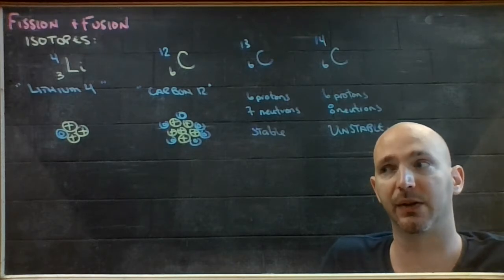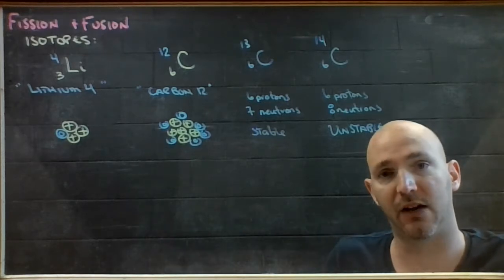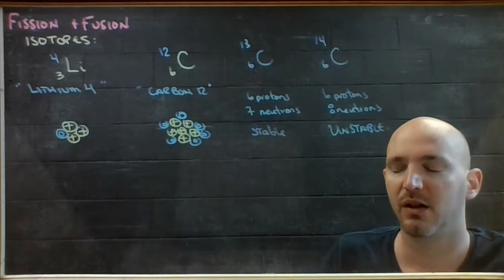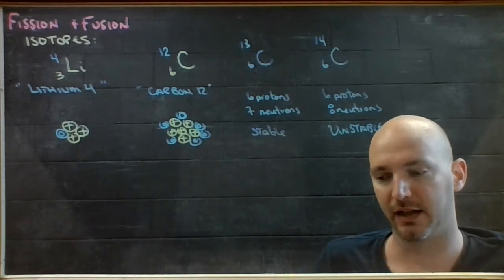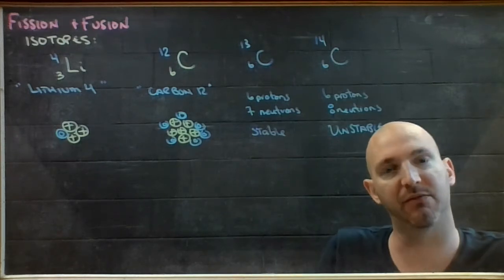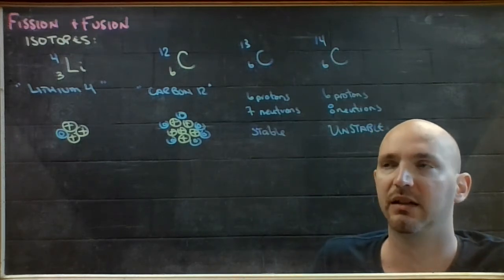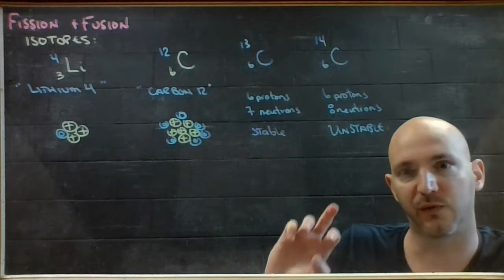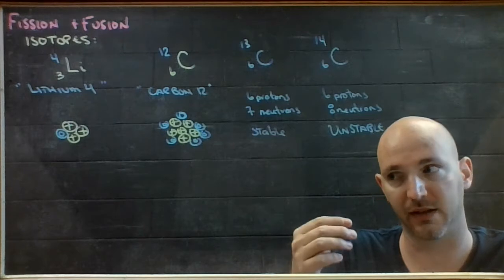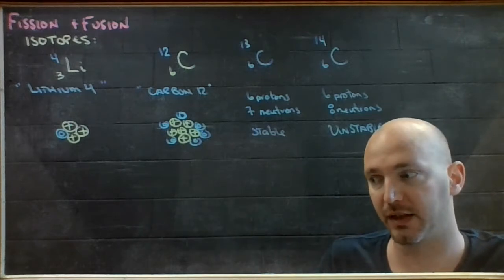It can either eject a bunch of stuff, some protons and neutrons, or it can break apart in a spectacular fashion, just split in half or split and disintegrate. Or it can flip a neutron into a proton, thus eliminating an electron from it.